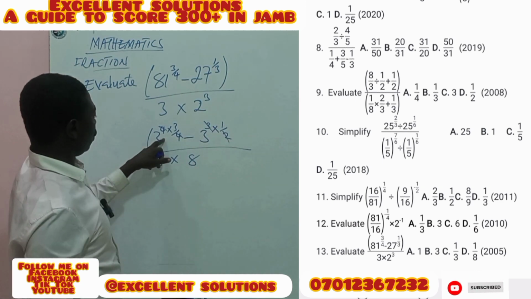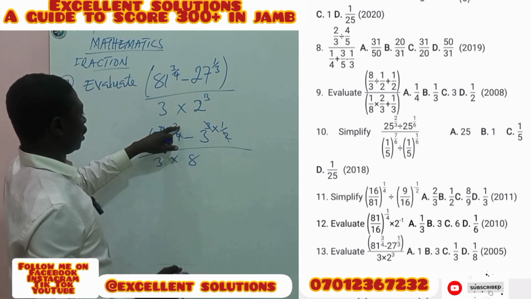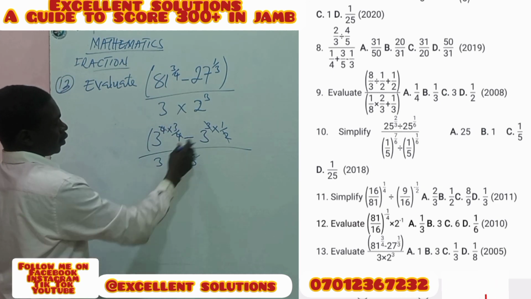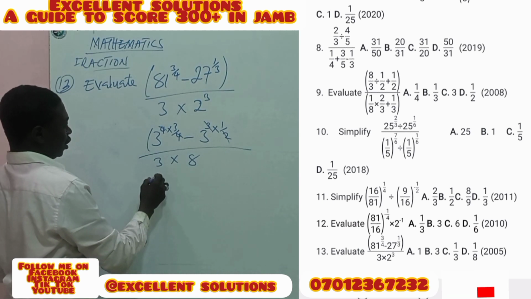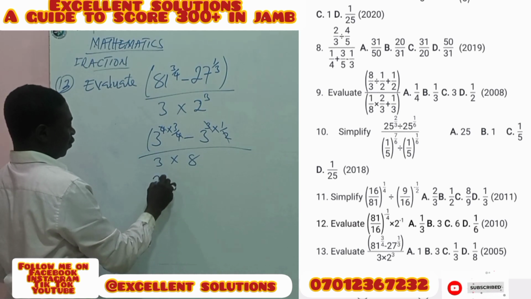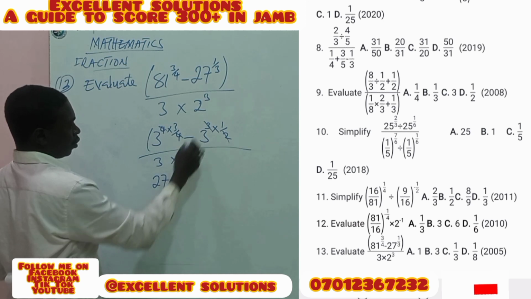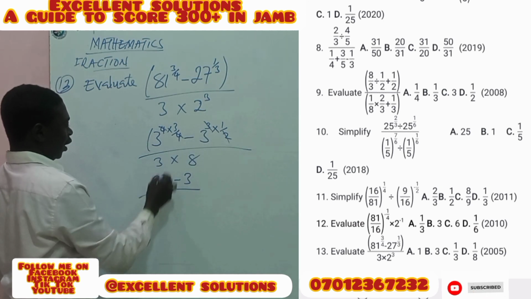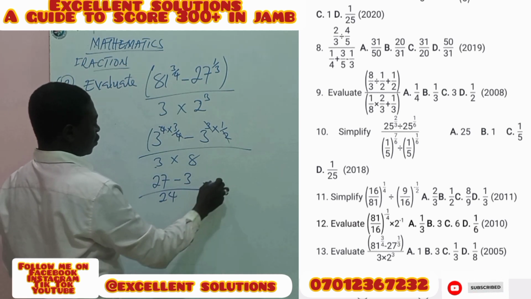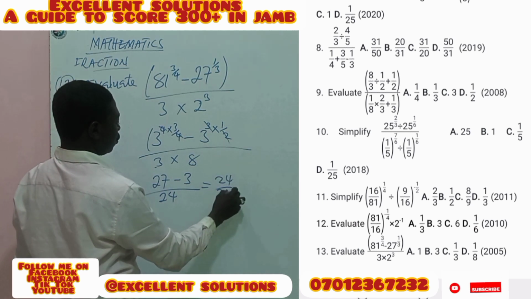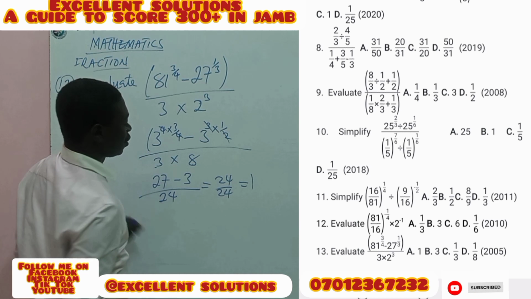So if we check here, we have 3 raised power of 3 times 3 raised power of 3 minus 3 raised power of 1. So this now gives us 27 minus 3 over 3 times 8 is 24. So this now becomes 24 over 24, and this is the same as 1.